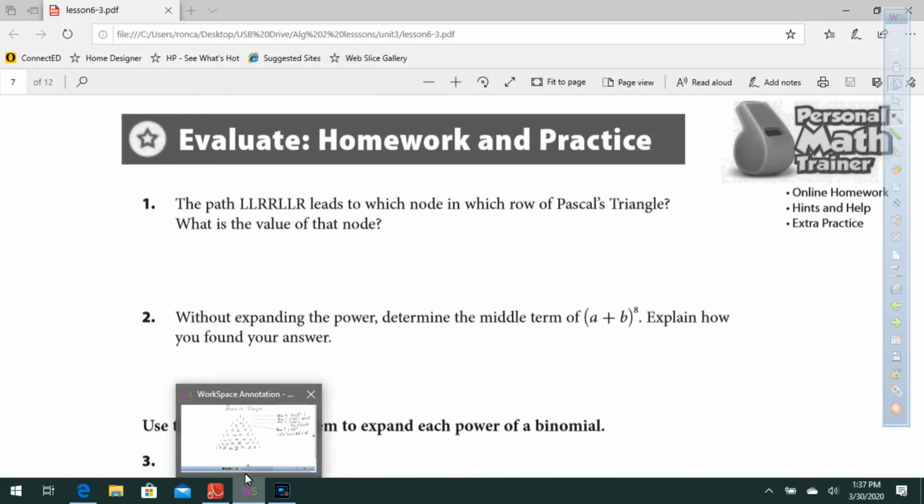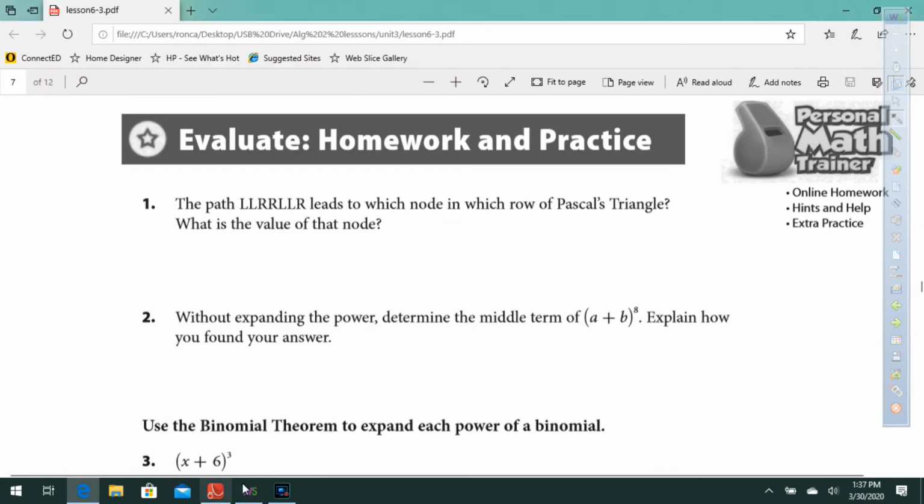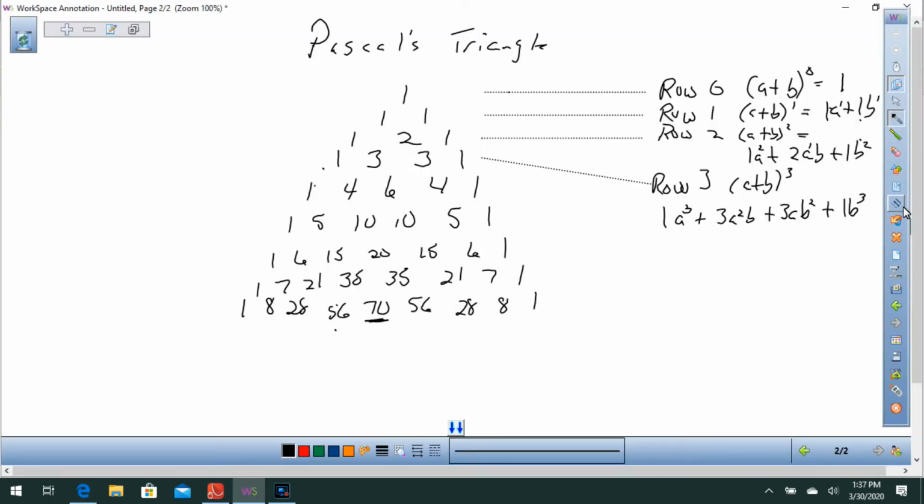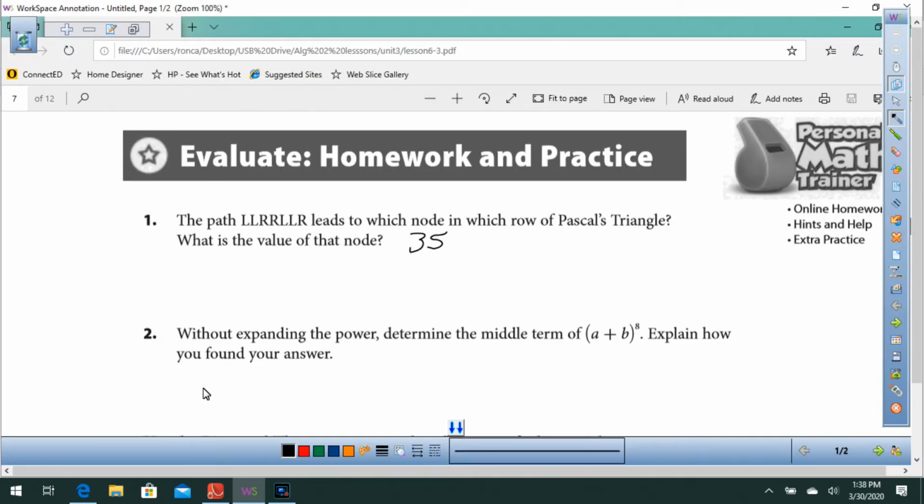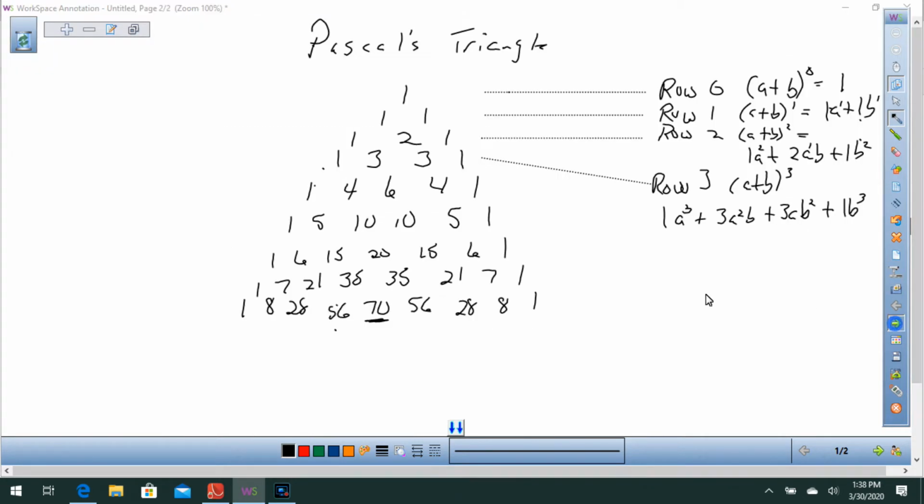So we're going to have 70. Now, we have A right here, and then we have B. Now let's go back over here to this, and what do we got?